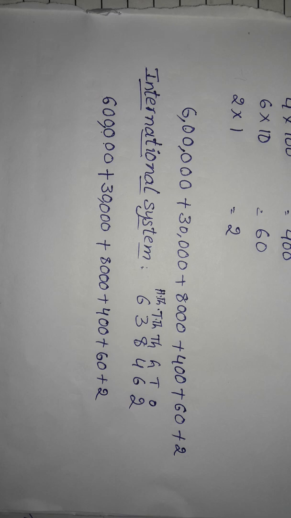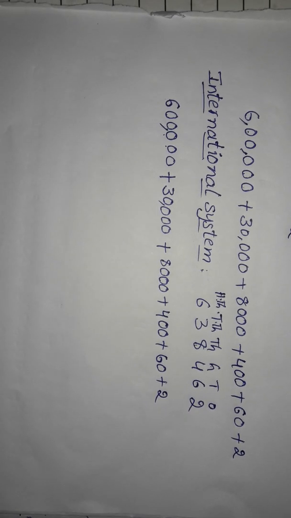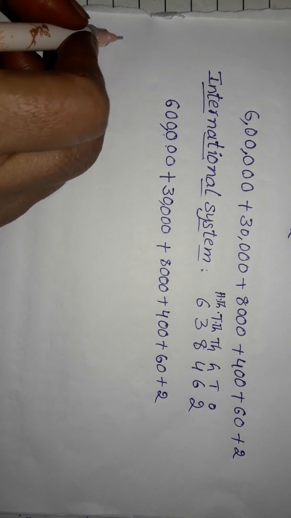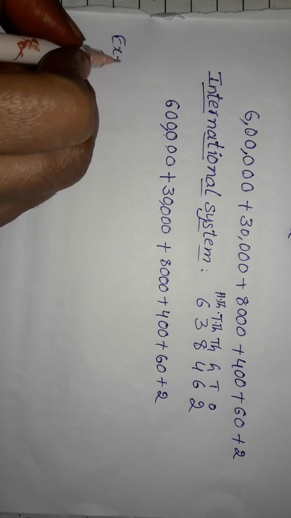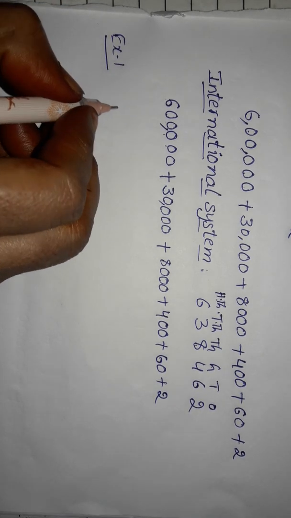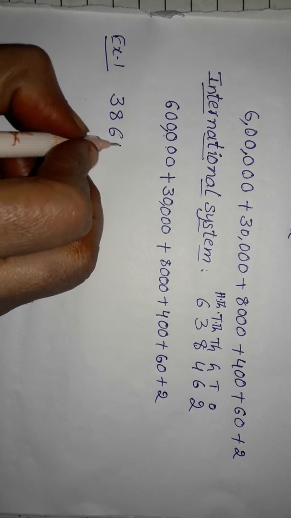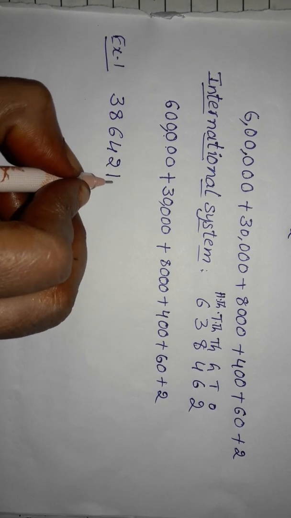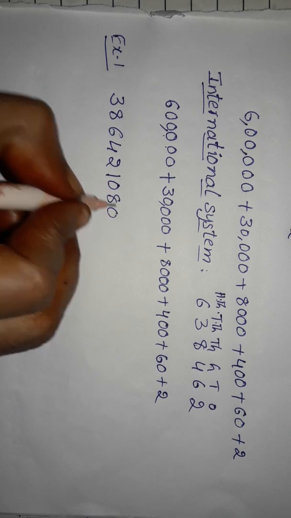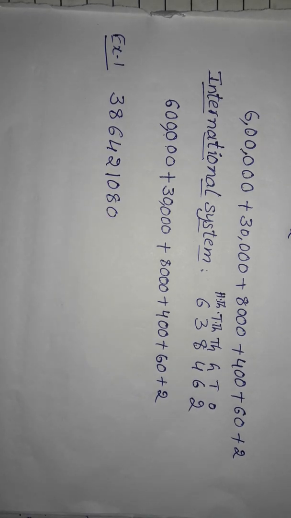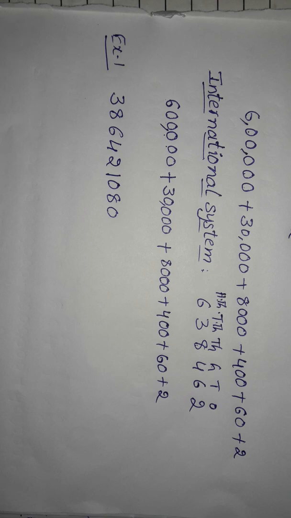Children, observe carefully. 3, 8, 6, 4, 2, 1, 0, 8, 0. This is the number. Now I will write in both Hindu-Arabic and international systems.